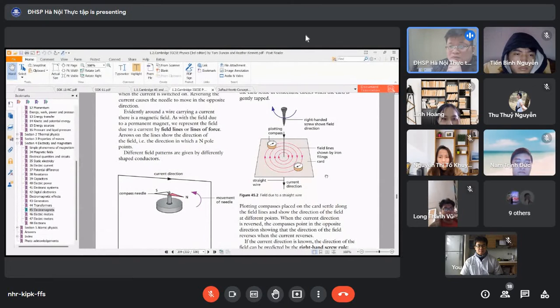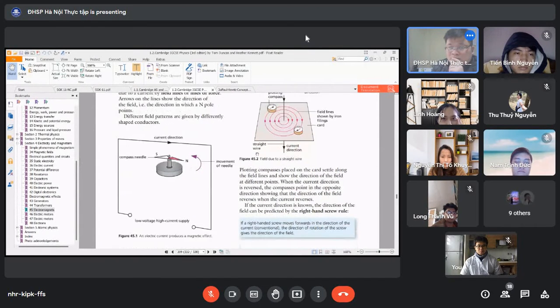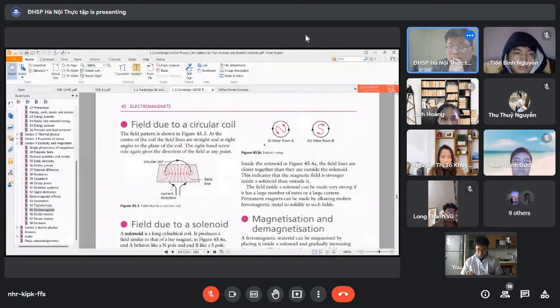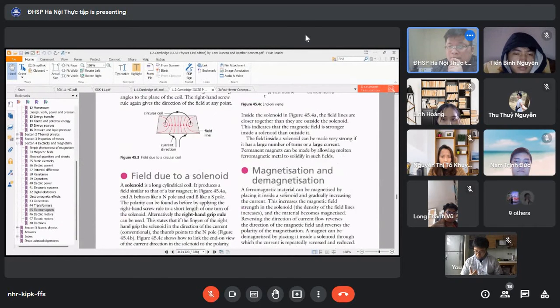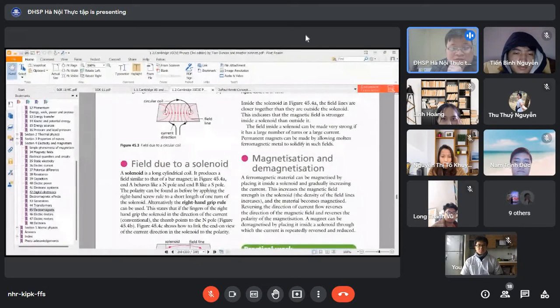And we can also check by using the plotting compass. And the magnetic field lines due to different shapes of the current, and the solenoid. Maybe I ask you about the solenoid because it's interesting.